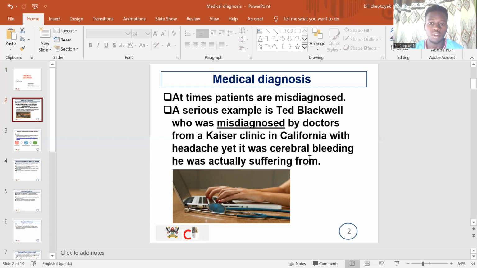For example, there is a situation where a patient, Ted Blackwell, was misdiagnosed by doctors from a Kaiser clinic in California with a headache.